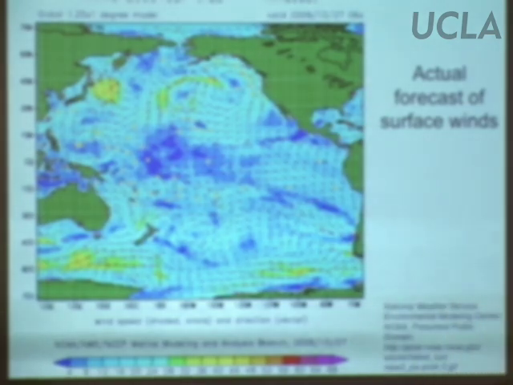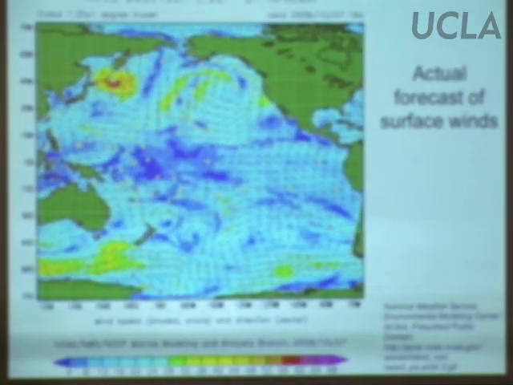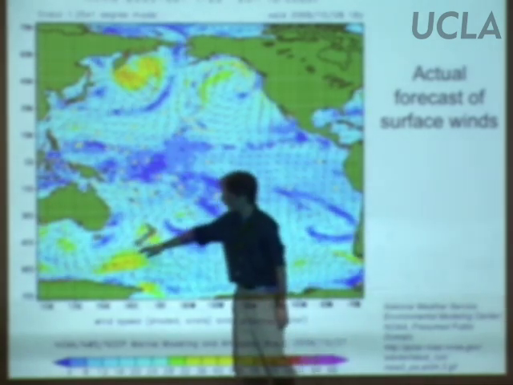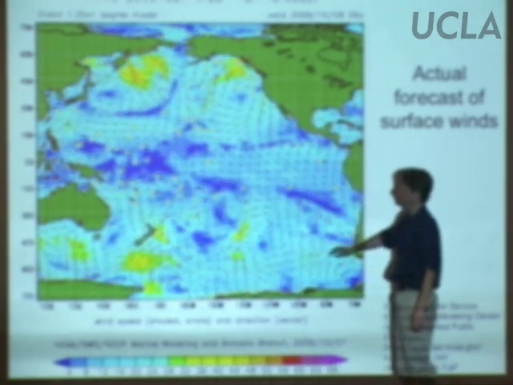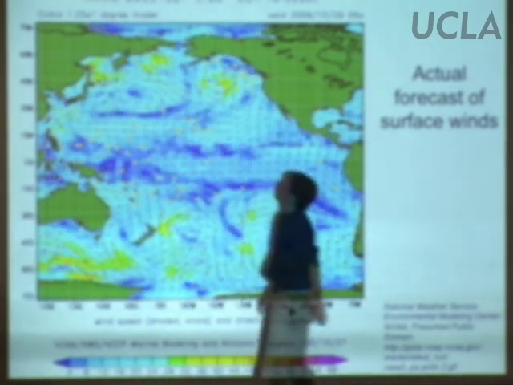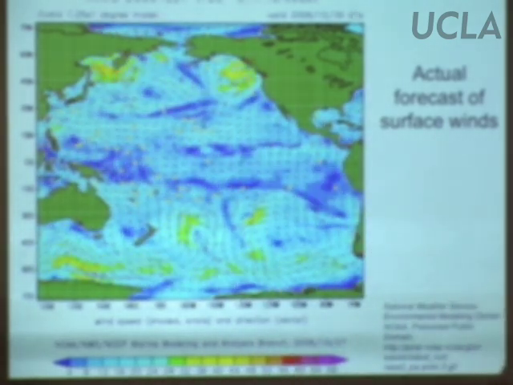If you go a little bit farther away from the equator, away from 30 degrees or so, it's more complicated, but nonetheless, many of the arrows are going from left to right. They're westerlies. Okay, and the same is true up here, sort of off the coast of North America.